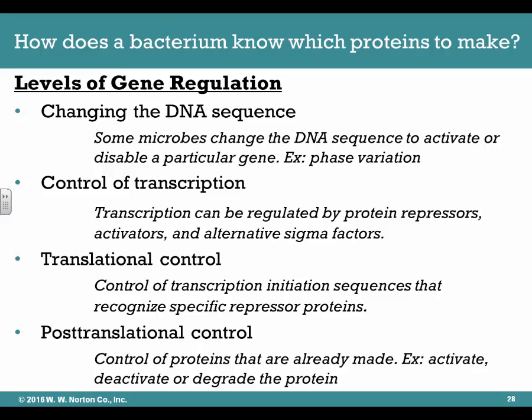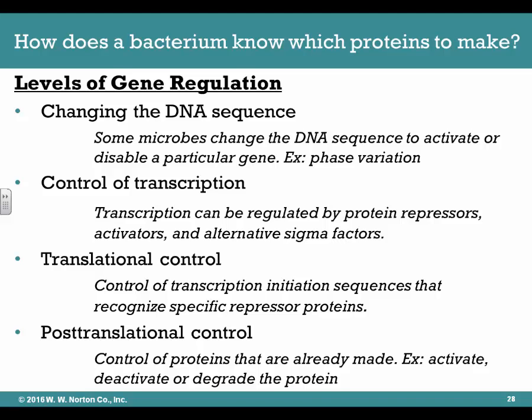And there are different levels of gene regulation. You can change the DNA sequence in order to activate or disable a particular gene, and that's really most commonly what we're talking about, gene regulation at the level of the DNA.